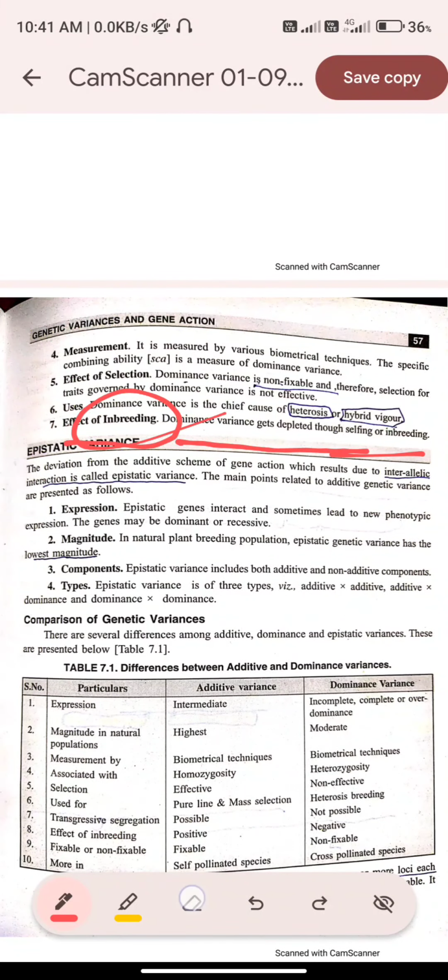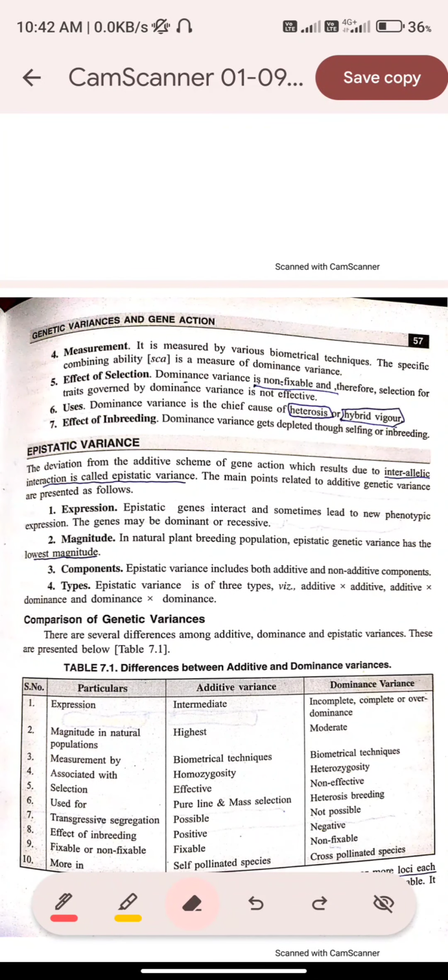Inbreeding depression is nothing but a decrease in the magnitude of heterosis or hybrid vigor over continuous selfing. If you self any cross-pollinated plant, then there will be loss in the high yield or vigor. This is known as inbreeding depression. Inbreeding depression is a major phenomenon in cross-pollinated plants. Remember this, not in self-pollinated plants.